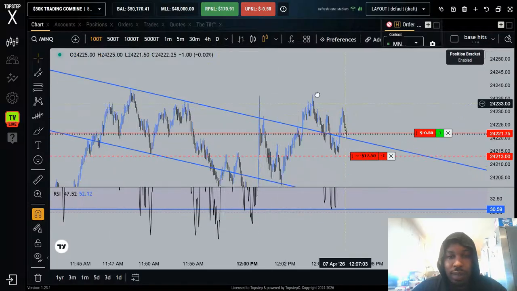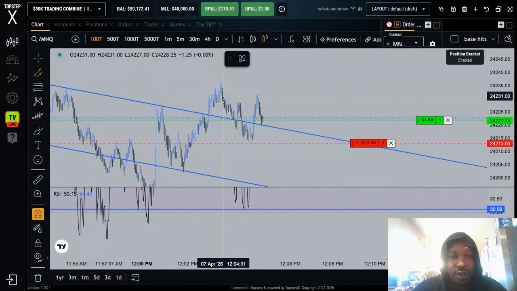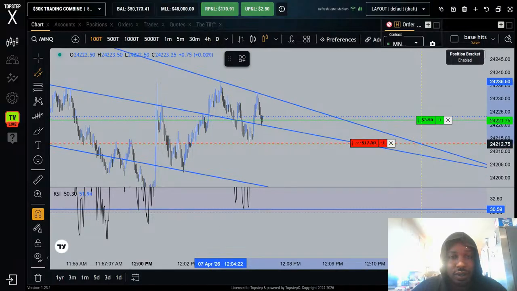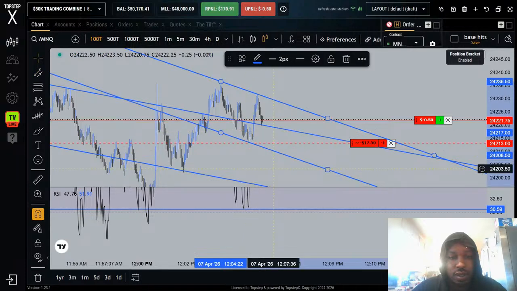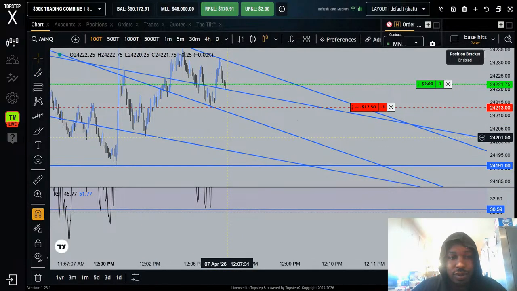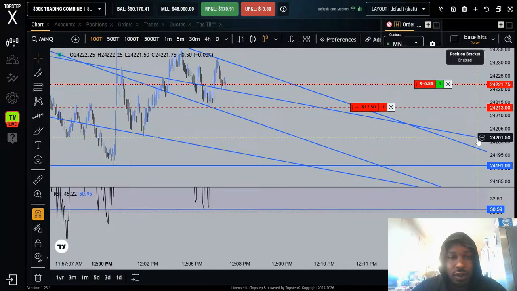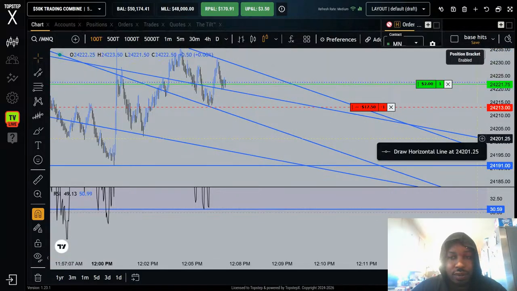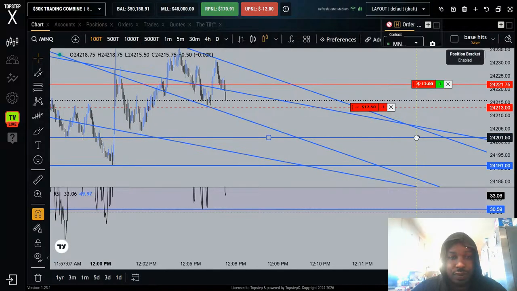If it comes and stops me out, then I'd be looking to get back in. I'll probably be looking for a liquidity sweep right here, and I'd be looking to get back in at about this level right here.